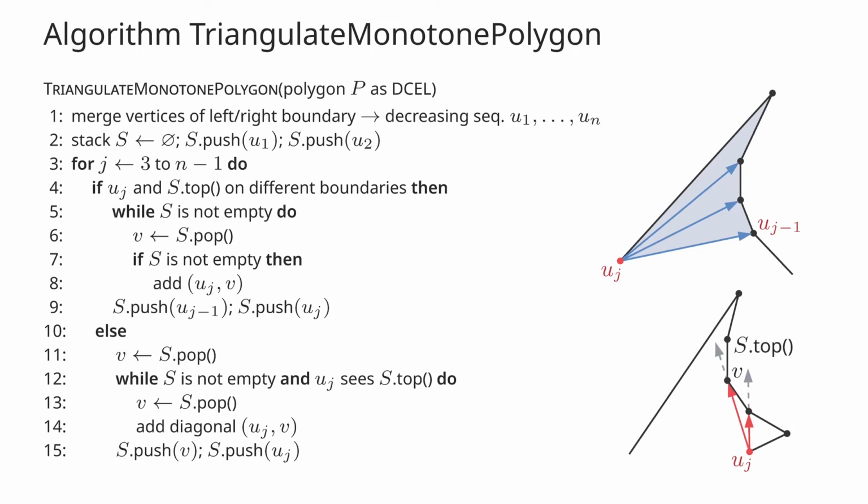As soon as we reach a vertex in the stack that uj does not see anymore, we push that vertex back into the stack, and then we insert uj into the stack. Finally, to process the last point un, we are going to connect it to all the vertices that are still in the stack, except for the first and the last. So this simple algorithm lets us triangulate a y-monotone polygon.